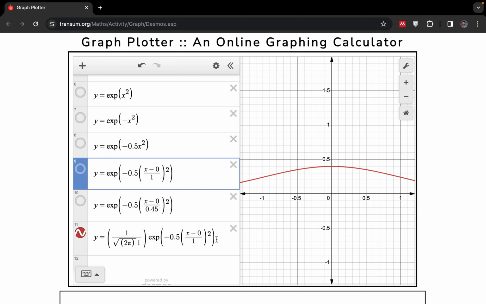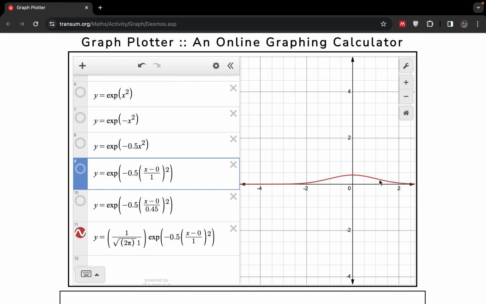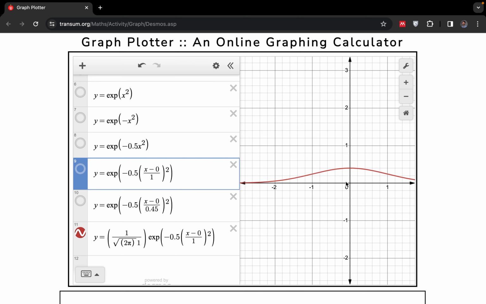Since this is an equation, if I integrate this equation to find the area under this curve, that turns out to be 1. And this is a super important property for the normal distribution because it allows us to connect it with probability.